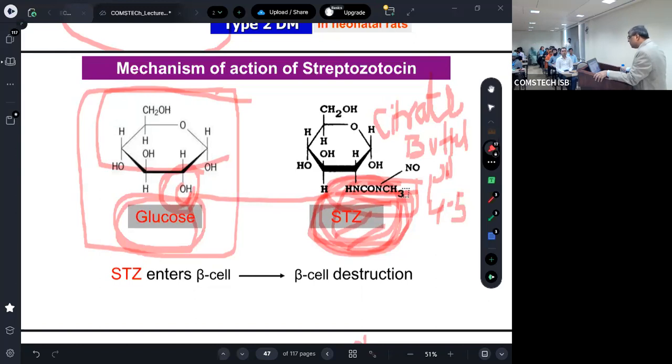Because sometimes in a journal, if you develop a model and use it for some experiment, and you submit a paper, then you are asked what the success rate is and what the mortality rate is. This is important.